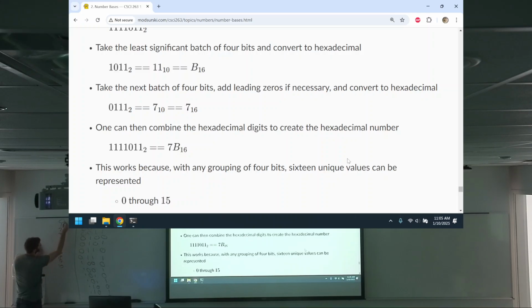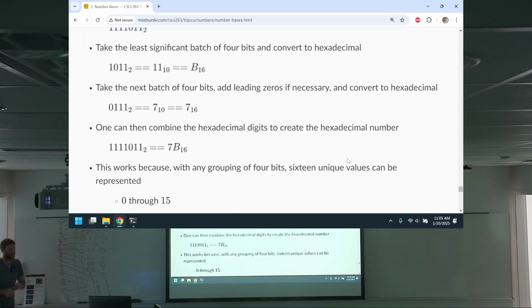What comes out? A, B, C, D, E, and then F is down here too, trust me, because you can't see it.